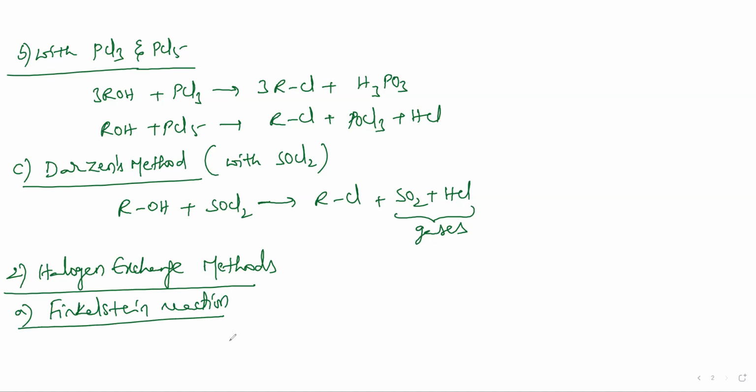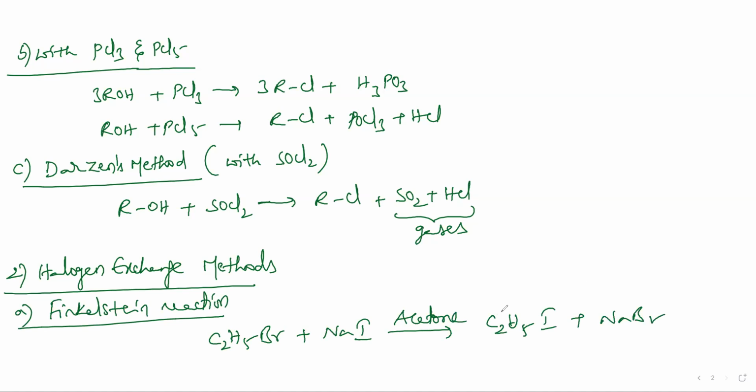What will you get? C2H5Br, sodium iodide in acetone. And what will you get? C2H5I plus NaBr. So what will you get? Iodoalkanes. In Finkelstein reaction, you'll get only iodoalkanes.